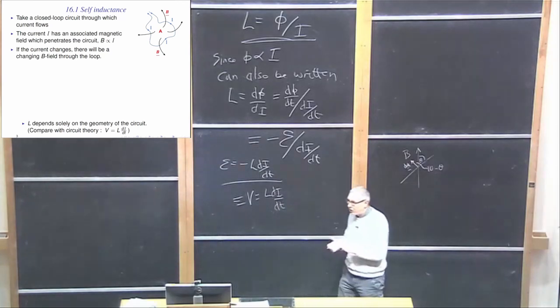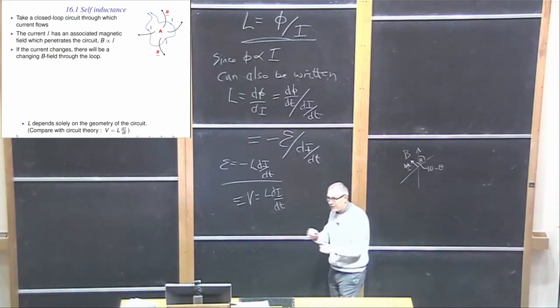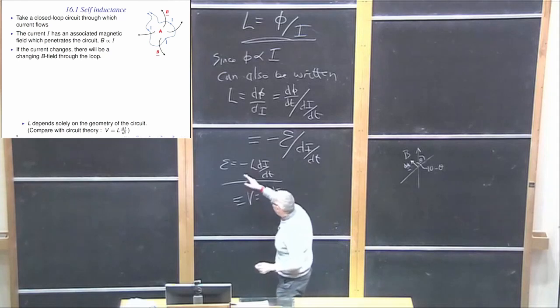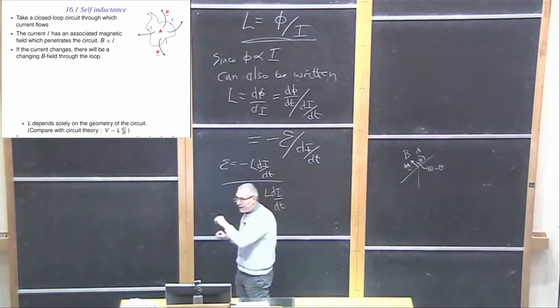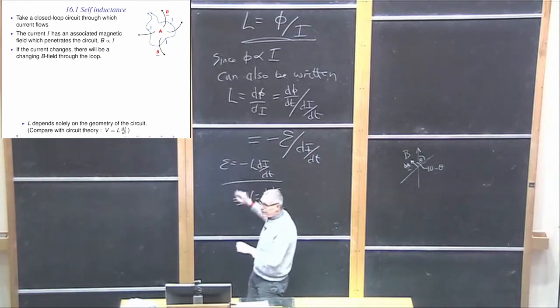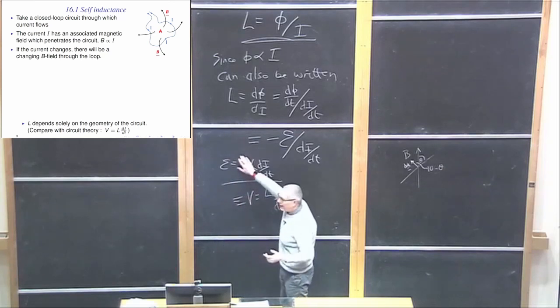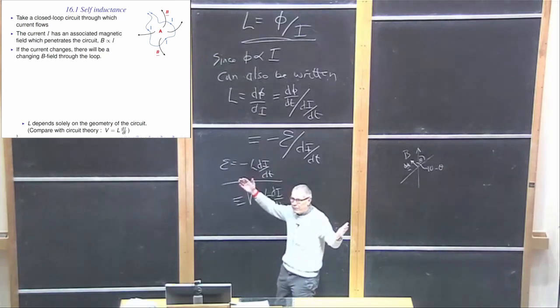It's because the EMF is opposed. The EMF is acting in a sense as to oppose the current that caused it. If that wasn't there, the current would just blow up to infinity.